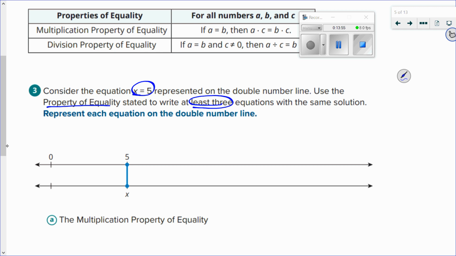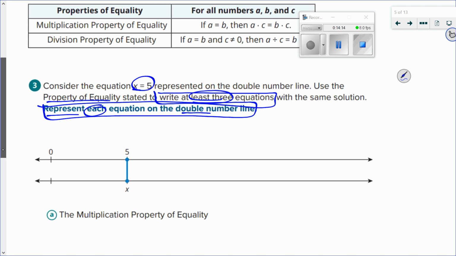So, you realize how I just circled that use 3, so I know how many equations I need to do? Amazing what happens when you mark the text, right? Okay, we also need to represent each equation on the double number line. So we got 2 parts. We need to write at least 3 equations with the same solution and represent them on the double number line.